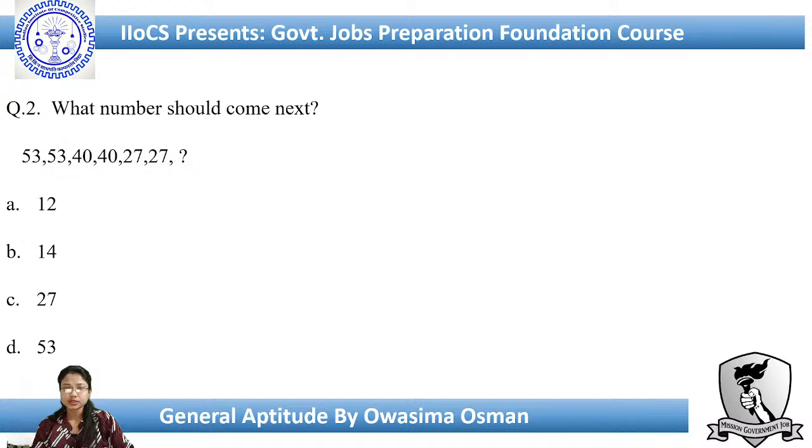Now the next problem is 53, 53, 40, 40, 27, 27, and you have to find the next digit. Here each number is repeating.